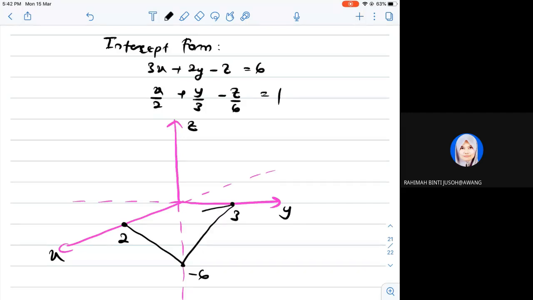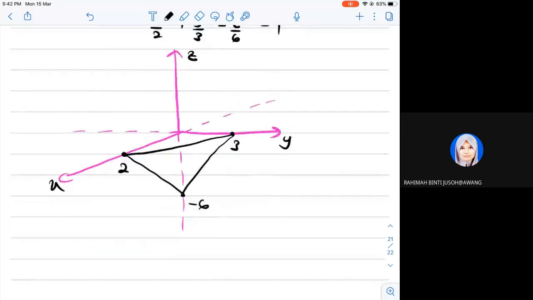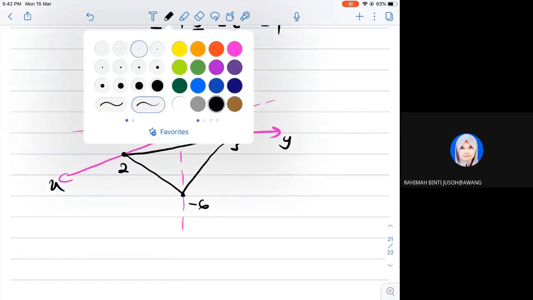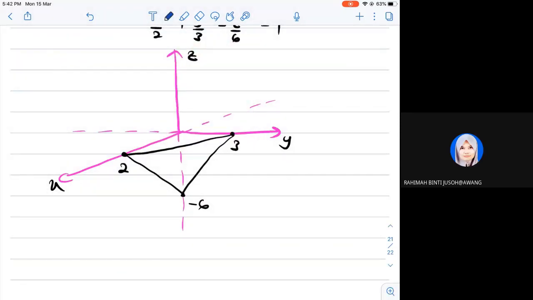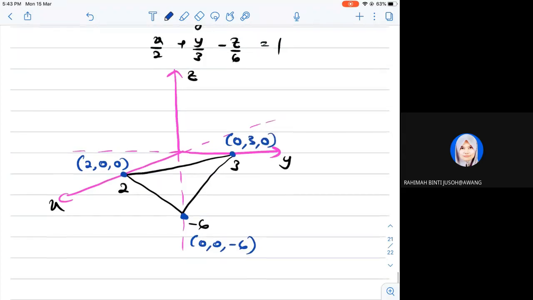So daripada plane ni, you ada berapa koordinat yang you boleh nampak? 3 koordinat. Kan senang tu. So yang bawah sekali ni adalah 0, 0, negative 6, isn't it? Yang sebelah kiri ni, koordinat dia apa? 2, 0, 0. Yes, 2, 0, 0. Okay, very good. And the last one is 0, 3, 0. Pada part Y kan?